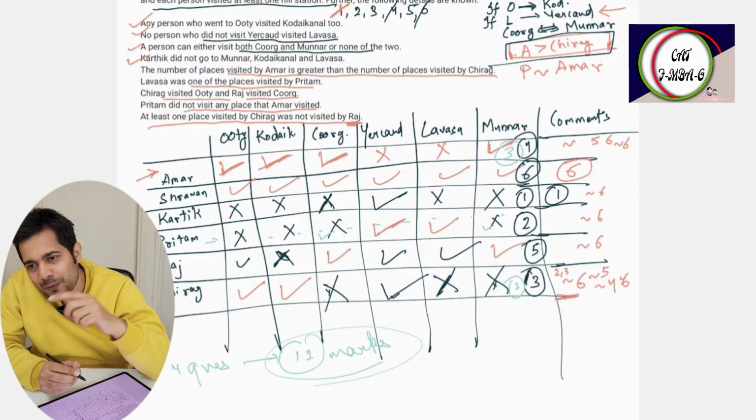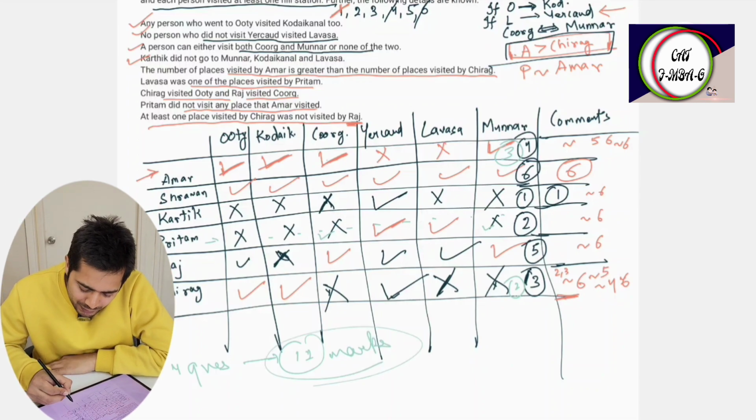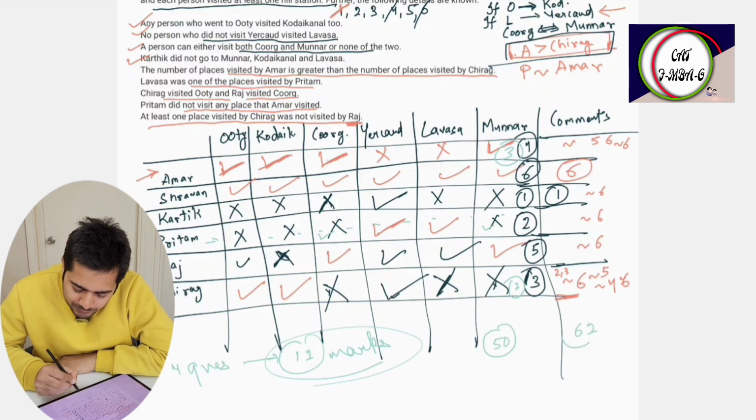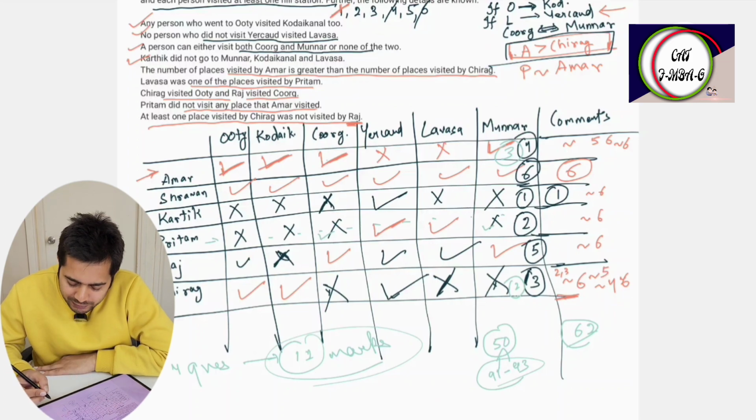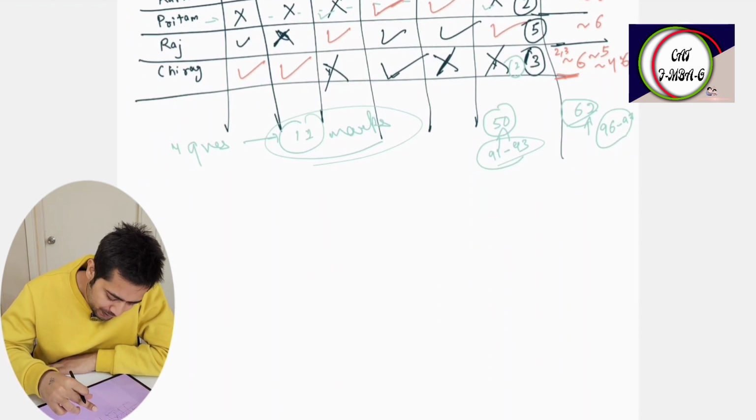In 12 marks, if someone is having, let us say, 50 marks and another person is having 62 marks, this person will get 91 or 93 percentile depending on the difficulty of the exam. This person will easily get around 96, 97 percentile with just 12 marks. Okay, so let's see what has been asked.